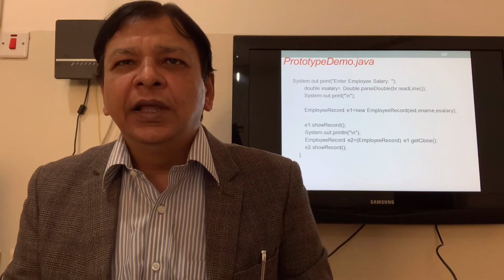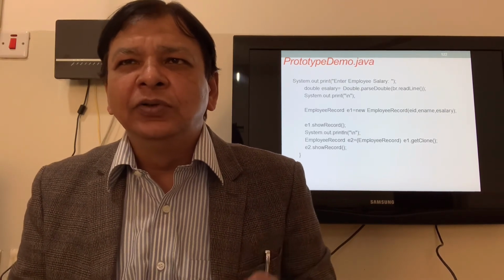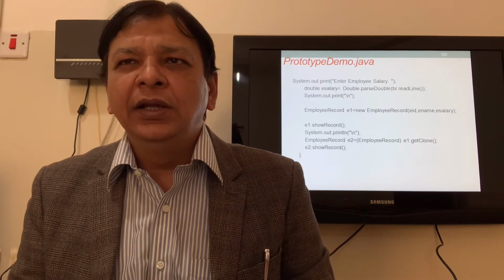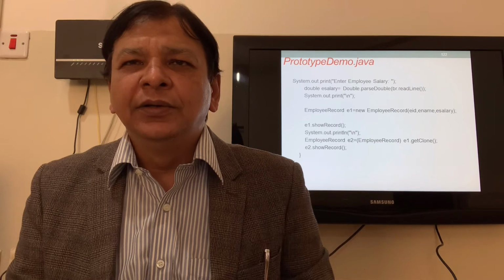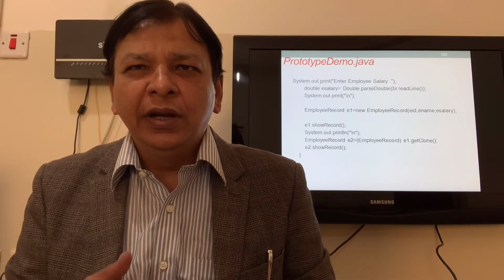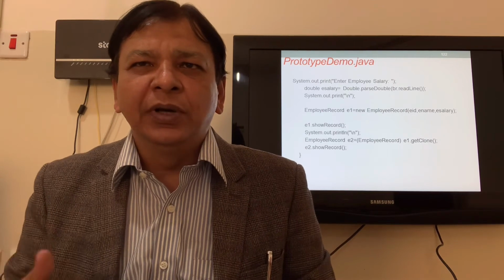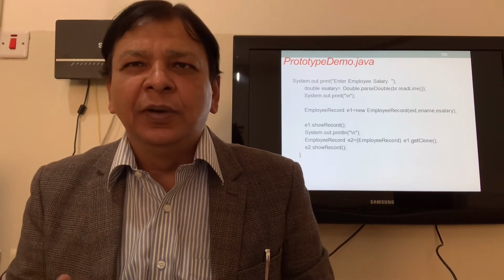System.out.print, then employee record E1 object is equal to new employee record, employee ID, employee name, employee salary. E1 object dot show record, and then system.out.print new line. Employee record object 2, E2, employee 2 is equal to employee record. So E2 is the new object.